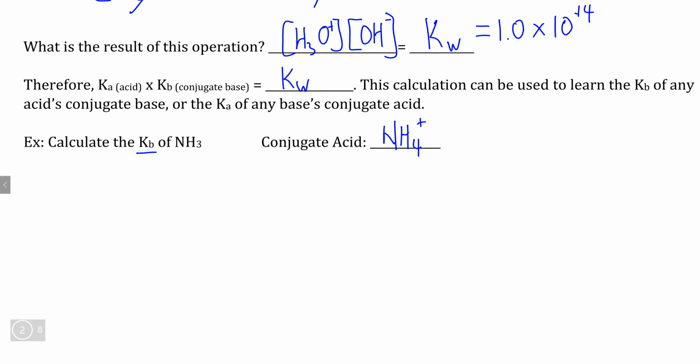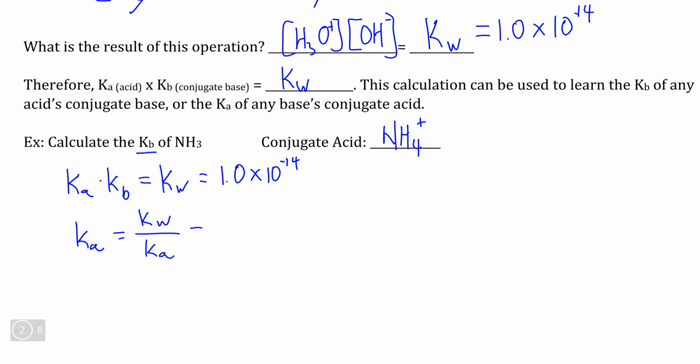So all we would need to do in order to calculate the Kb is, if we know that Ka times Kb is equal to Kw, and if we know that Kw is equal to 1.0 times 10 to the negative 14, all that we would need to do to find Kb is divide Kw by Ka, which means that our value of Kb would be equal to 1.0 times 10 to the negative 14, that's what Kw is, divided by the Ka of the conjugate acid, which, as we saw in the data table, is 5.6 times 10 to the negative 10.